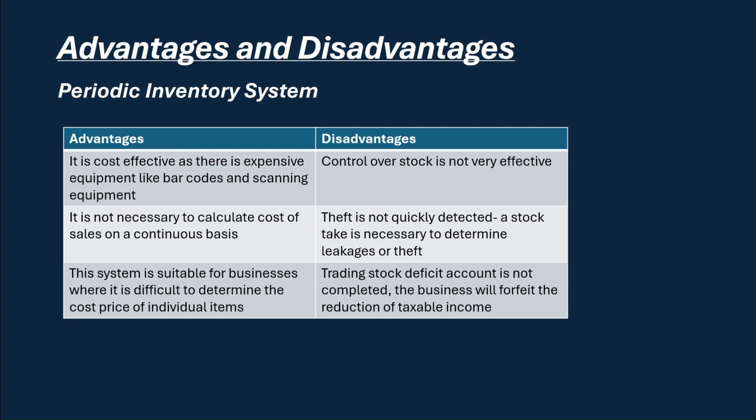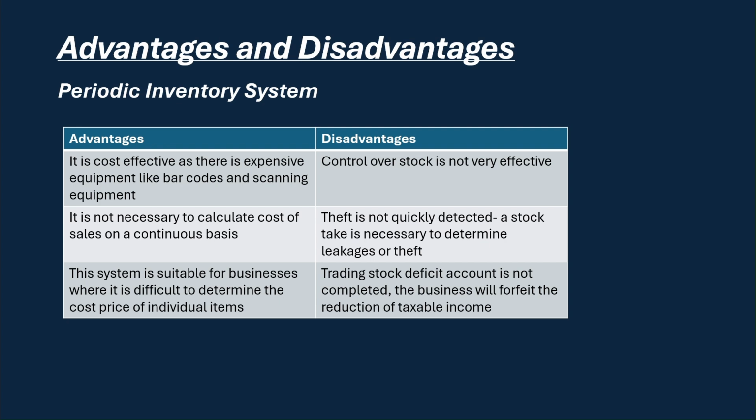So obviously, this system is more suitable for businesses that can't get the cost of sale of individual items, because remember that they would need to calculate it on a continuous basis. So if it's very difficult to calculate it, they'll literally have issues every time they have to calculate that cost of sales if they were doing it on a continuous basis. So rather do it once after maybe 6 months, right?